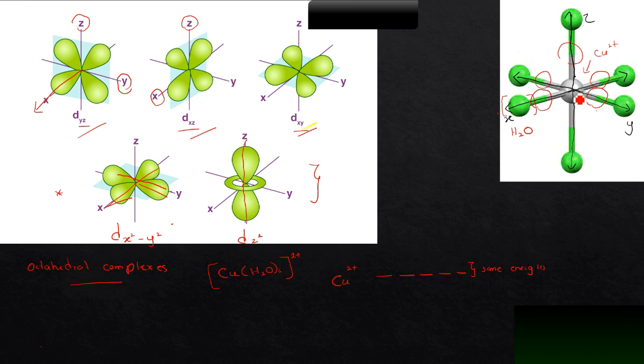But as you can see in the picture, these newly formed bonds are all on the axes. So there are no interactions between the dxy, dxz and dyz orbitals and these bonds. But these two orbitals are going to overlap with these bonds. As I told you in the beginning, all these bonds are electrostatic interactions. So when these bonds form, these orbitals will become much more unstable because of the electron-electron repulsions.